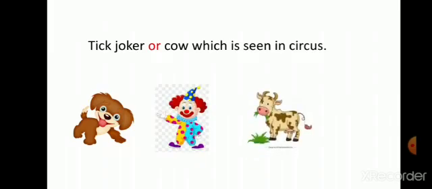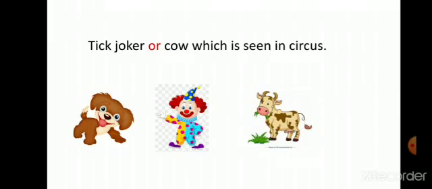Now here you have to choose joker or cow which is seen in the circus. Many animals are there in the circus. Dog is there, joker is there, cow is there, but which specially is seen in the circus?